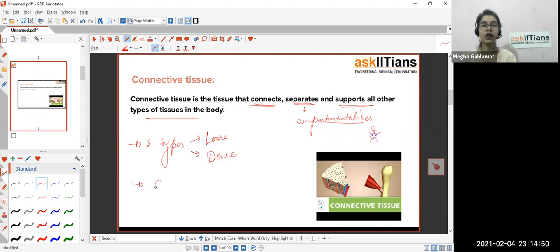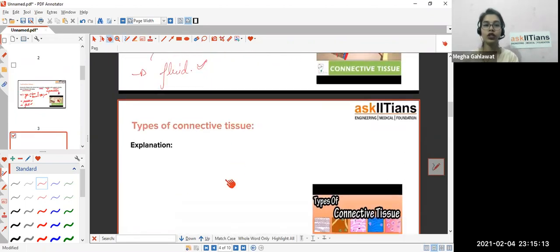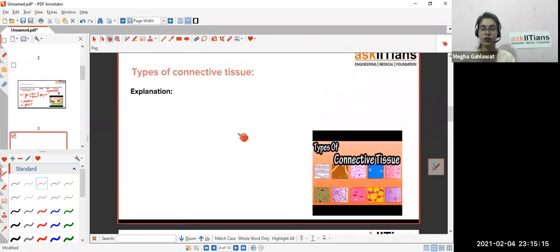Apart from that, the other category is the skeletal and the fluid connective tissue. These two are the major ones from which questions are asked. They account for the MCQ questions in the Olympiads or the 1 mark questions in the subjective exams.